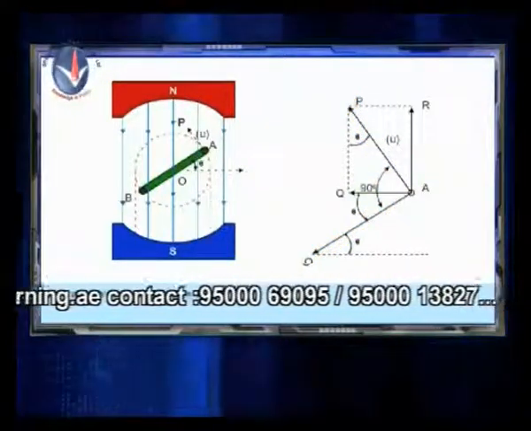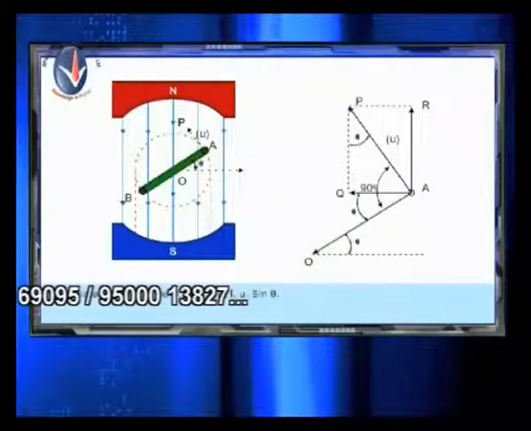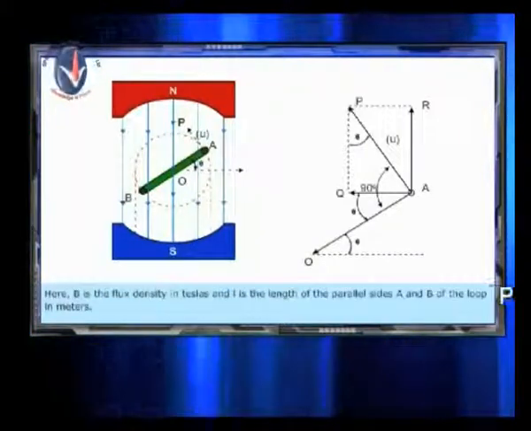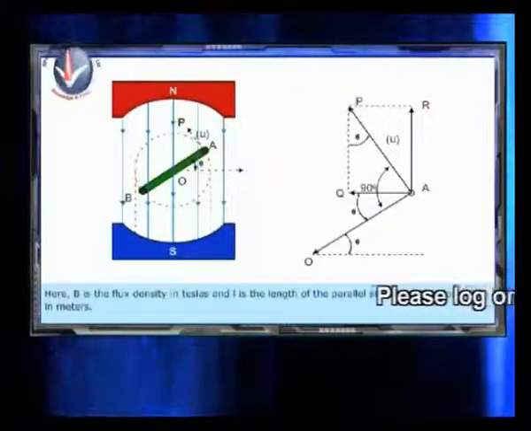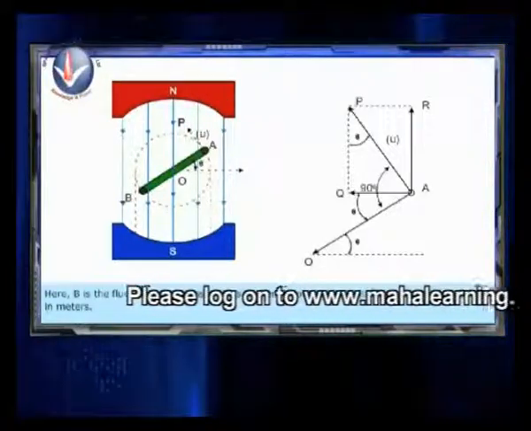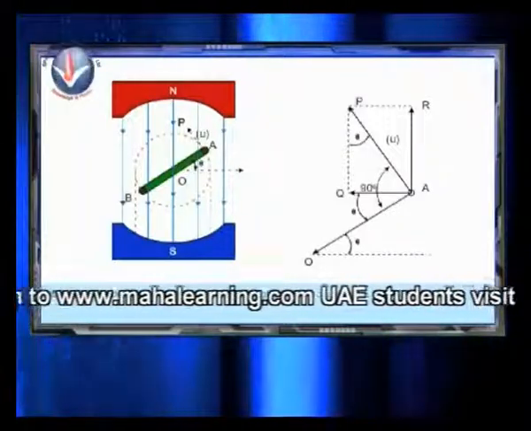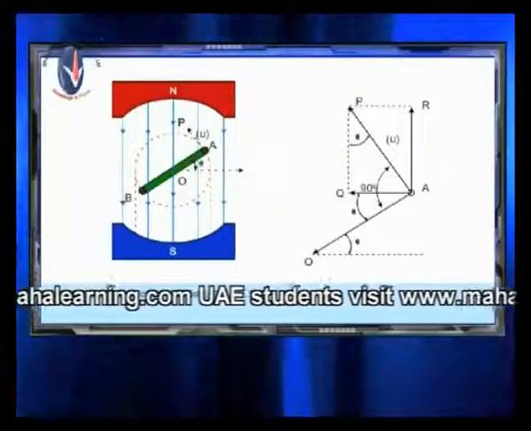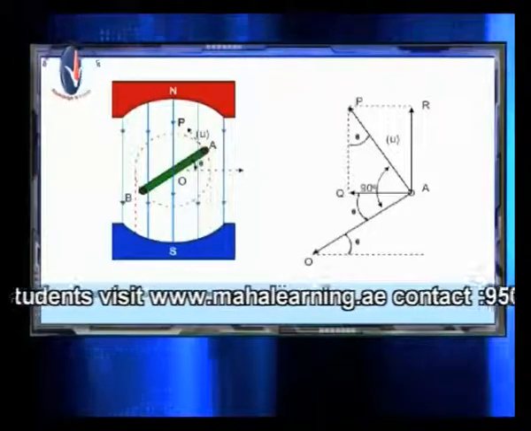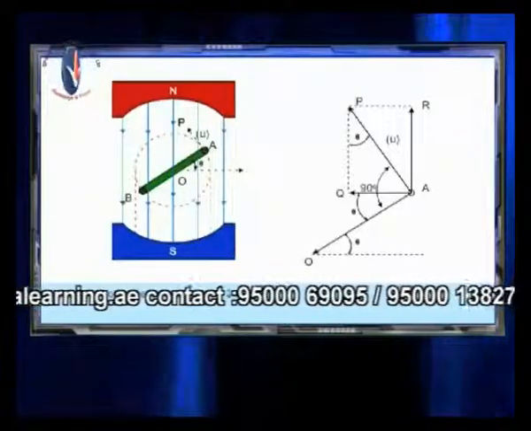EMF generated in one side of the loop is equal to B into L into U into sin theta. Here, B is the flux density in Teslas and L is the length of the parallel sides A and B of the loop in meters. EMF generated in both sides of the loop is equal to 2 into B into L into U into sin theta.